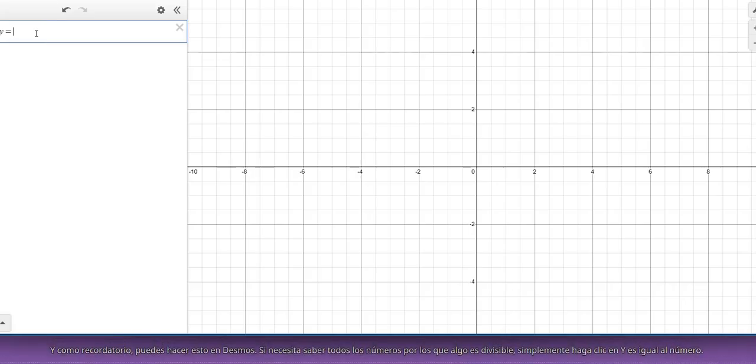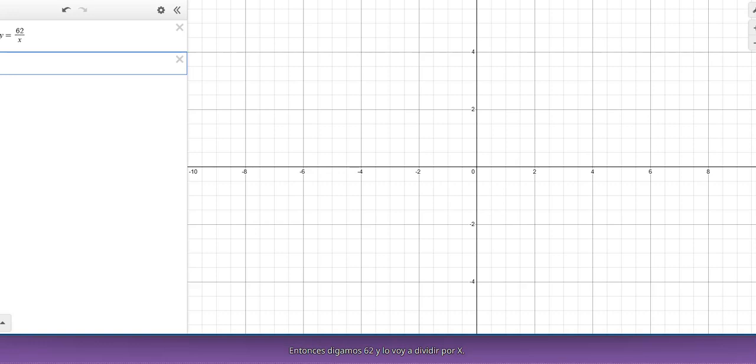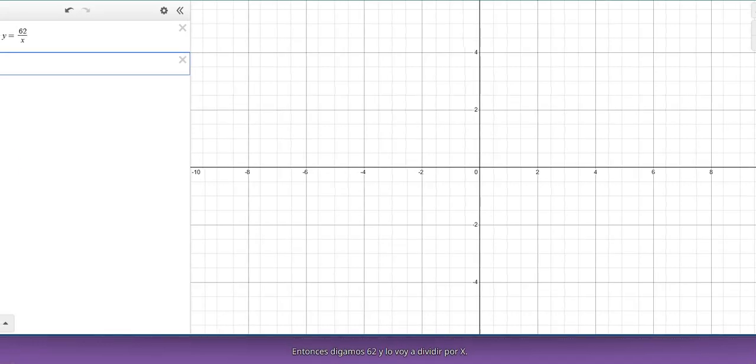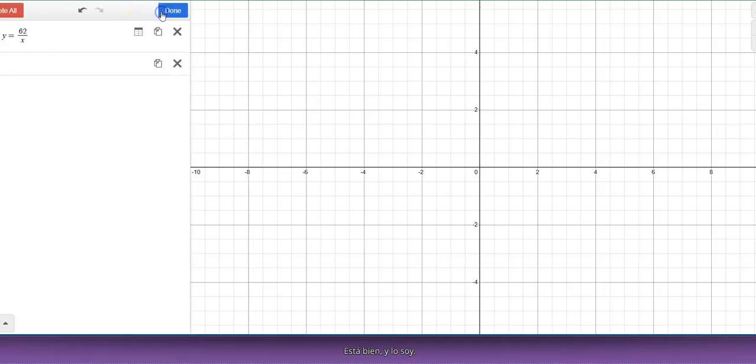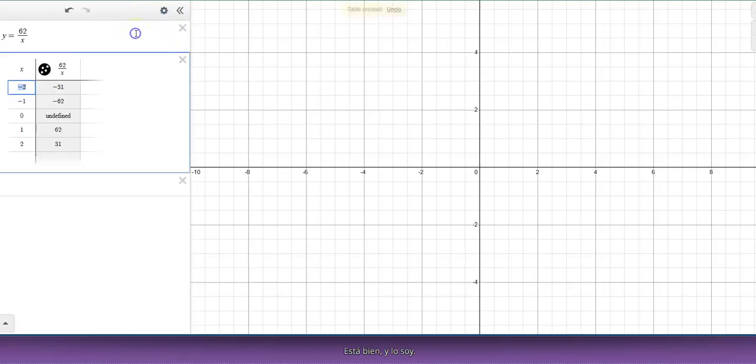So let's say 62, and I'm going to divide it by x. Okay, and I am going to shift that just a little. And then what I'm going to do is go to Edit List, and then I'm going to click Create Table. And I don't want the 0 because it's undefined.